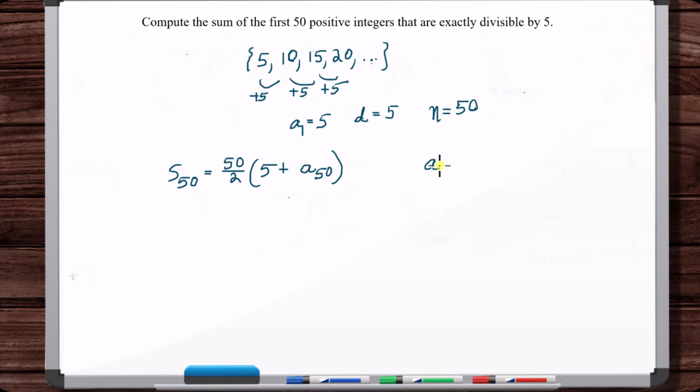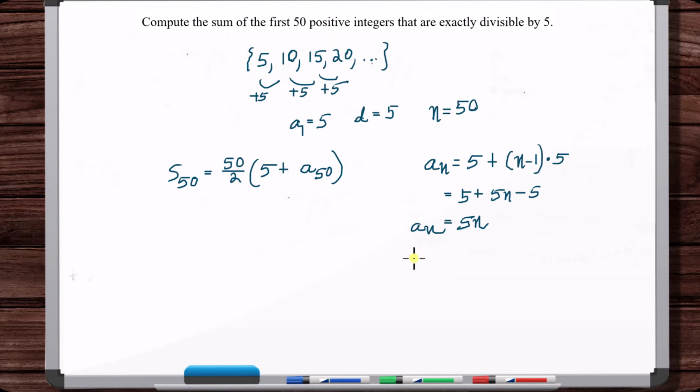Let's get the a sub n formula. So it's a sub 1 plus n minus 1 times 5. Okay, a sub n is 5n. That makes sense. n equal to 1 gives 5, n equal to 2 gives 10. It's just 5 times the term number.